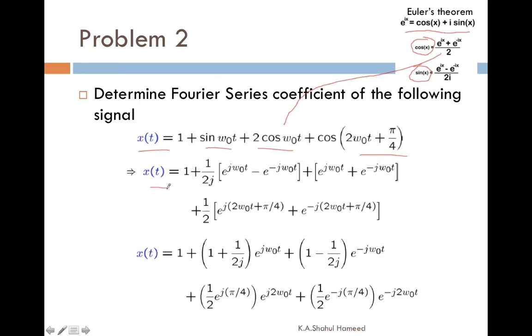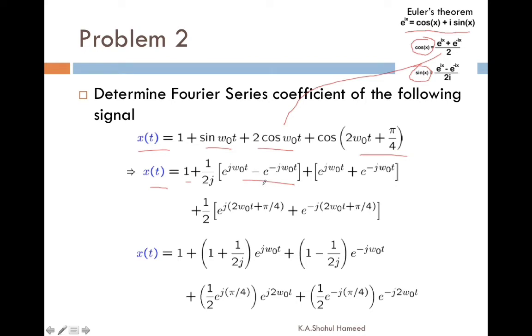x(t) is equal to 1, there is no change in the DC component, plus sin(ω0 t), which can be expanded like 1/2j times (e^(j ω0 t) minus e^(-j ω0 t)), because it's the first harmonic.